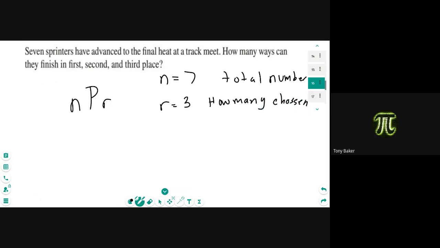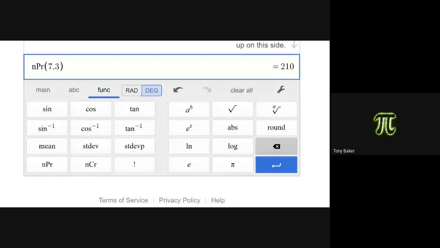Okay. So in the calculator, I'd hit the nPr button, and then I'd hit 7, 3. And it's 210. You always put the bigger number first, because in essence, it's saying 7 choose 3.